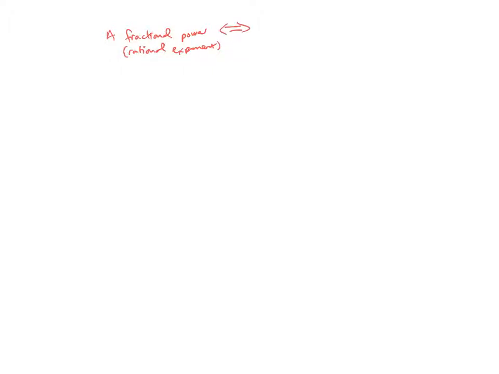And I will tell you that a fractional power is synonymous with a radical. Now, another way of saying a radical is a root. And we have several types of roots: square roots, cube roots, fourth roots. Now, the question is, how are they connected? So I'm going to sort of guide you through how they're connected.